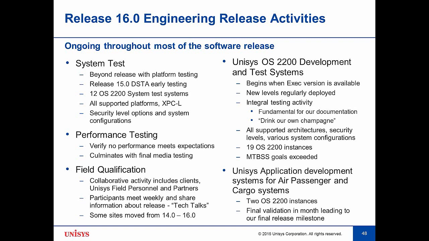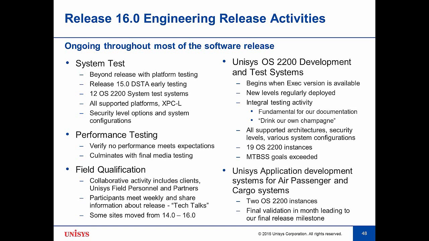Most importantly, we drink our own champagne. Early on when we start a new Exec, that begins running on our internal development systems. As we progress through various stages of our test processes, we get all of the candidate release software up and running on at least or approaching 20 systems, 20 OS 2200 systems.